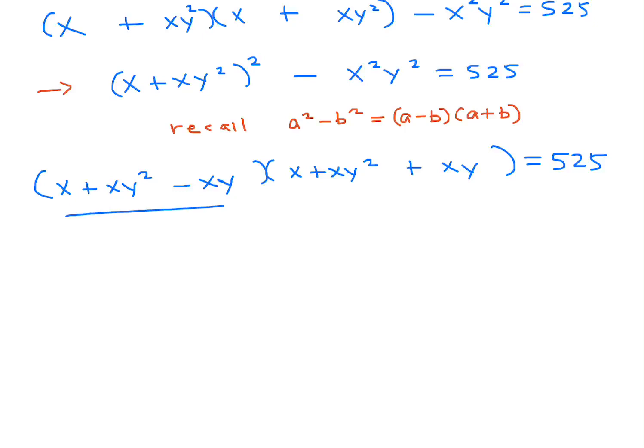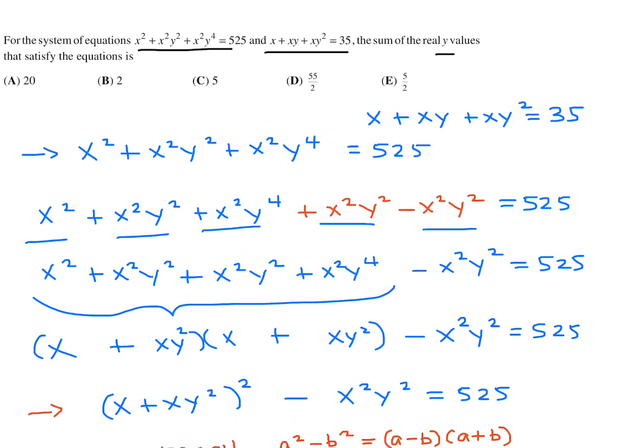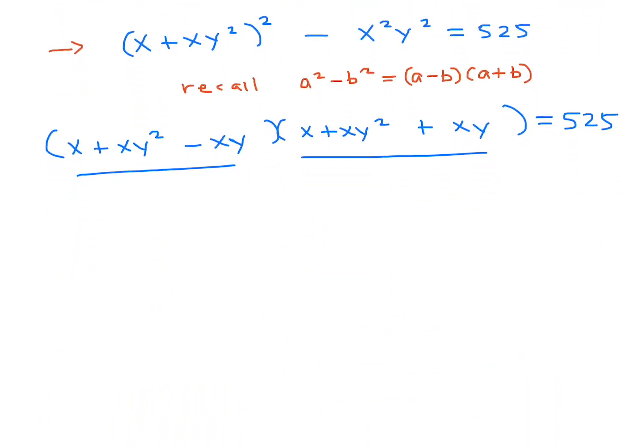Now, one of these is very familiar because they've given that to you in the question stem. Which one was that? Right here. Right there. x plus xy plus xy squared is 35. x plus xy plus xy squared is 35.